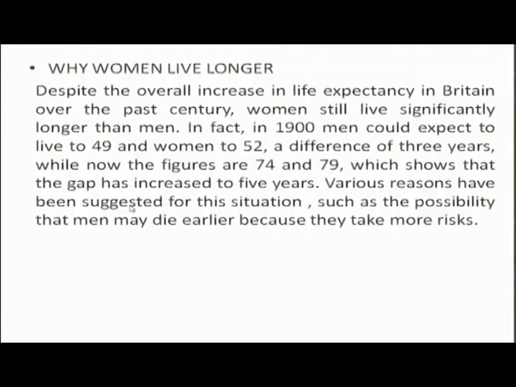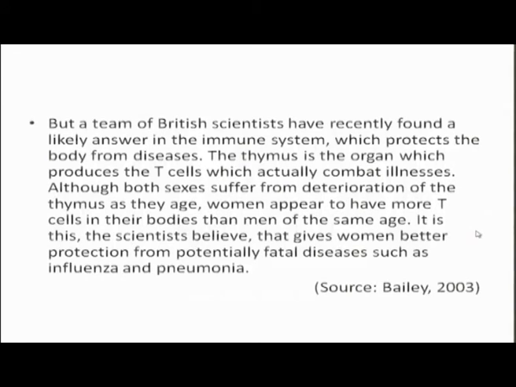Various reasons have been suggested for this situation, such as the possibility that men may die earlier because they take more risks. But a team of British scientists have recently found a likely answer in the immune system, which protects the body from diseases.